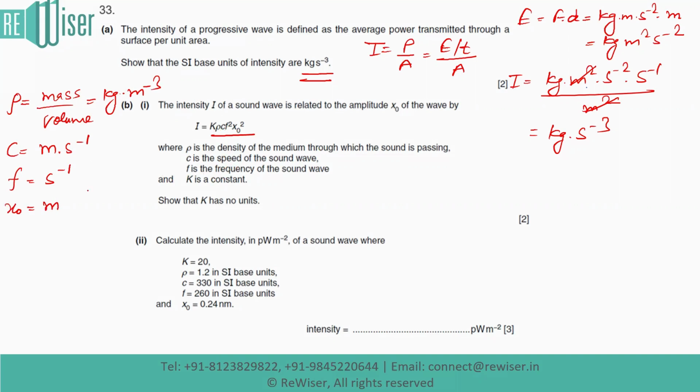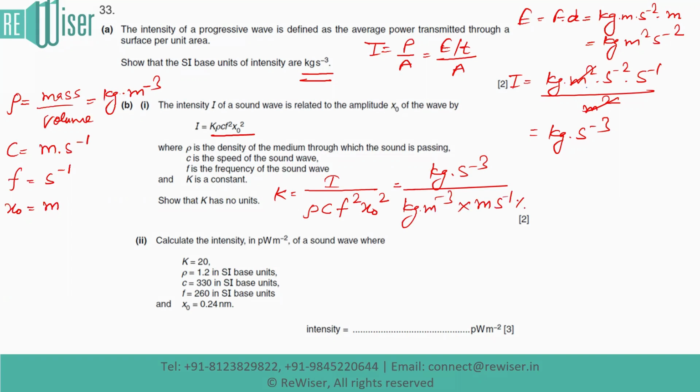So if we have to define the units of k, k will be I upon rho c f square x naught square. I has units of kilogram s minus 3, rho has units of kilogram m minus 3, c has m s minus 1, f square is s minus 2, and x naught square is m square.